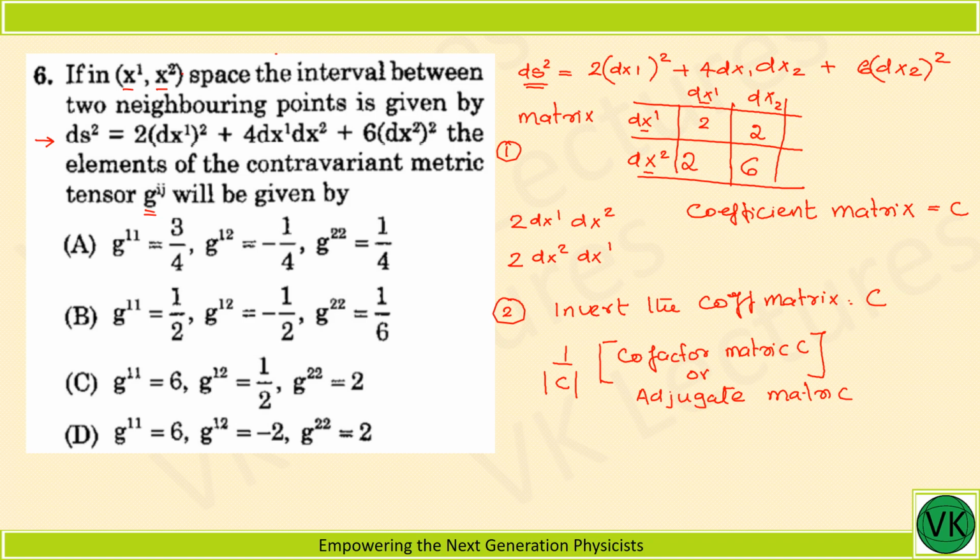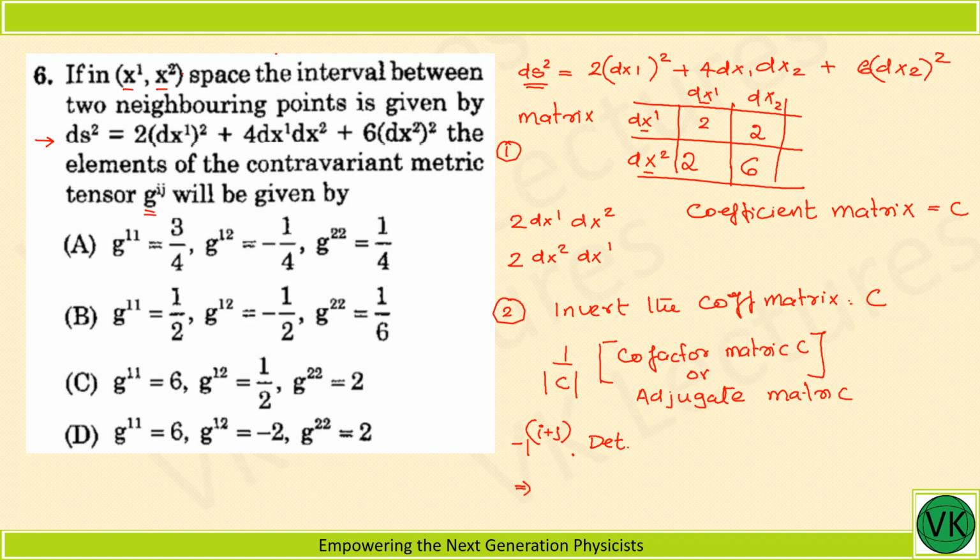How is the cofactor matrix calculated? It is minus 1 whole to the power i plus j, where i is the row and j the column, times the determinant of the remaining matrix. Here we consider the coefficient matrix C as 2 2 2 6 and need to find each element.